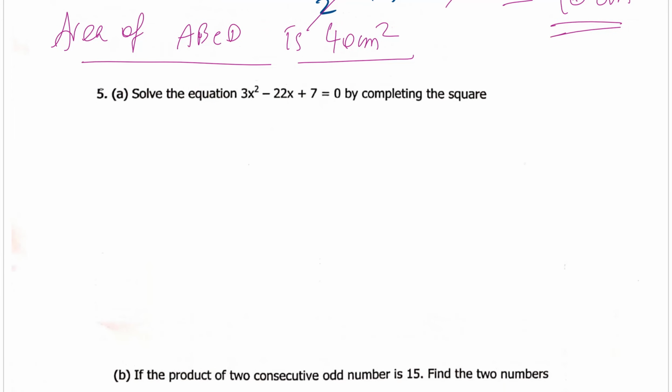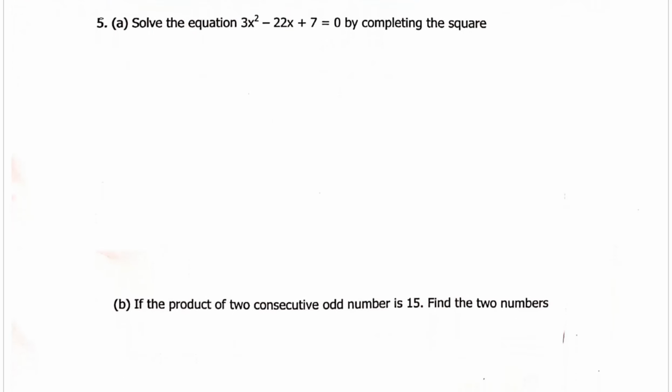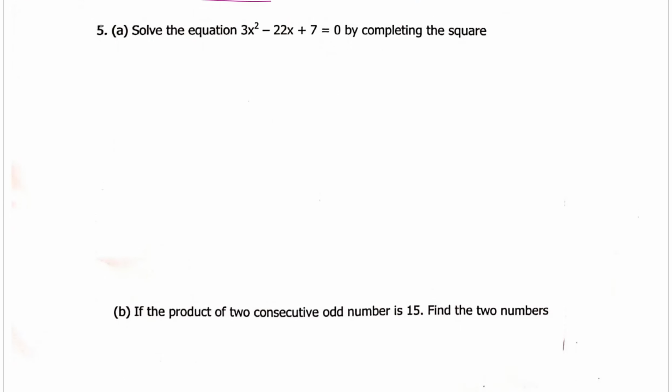We go to another question, question number 5a. Solve the equation 3x squared minus 22x plus 7 by the completing the square method. Here is how we are going to solve it. First, take the equation 3x squared minus 22x plus 7 equals 0.